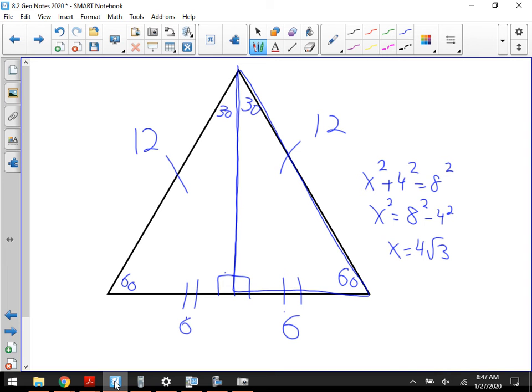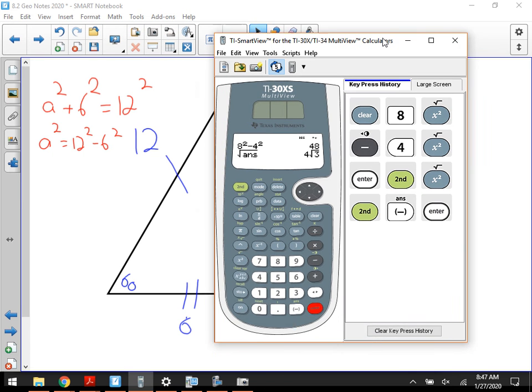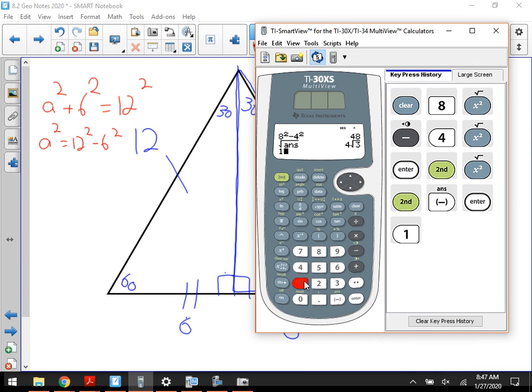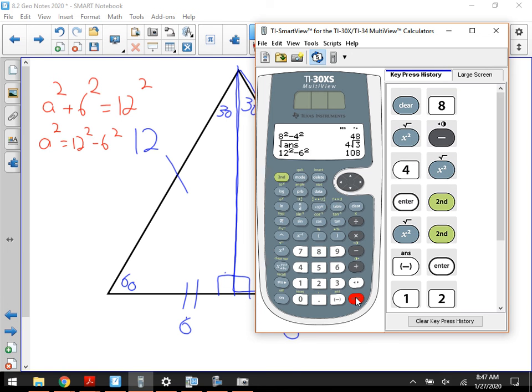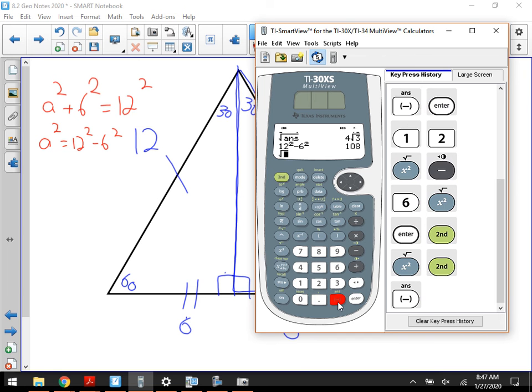We'll just call this a squared, guys. Then we have 6 squared and 12 squared. So our a squared will be 12 squared, subtract 6 squared. Then go back here, 12 squared, subtract 6 squared, and then square root of your answer. And I get 6 root 3.